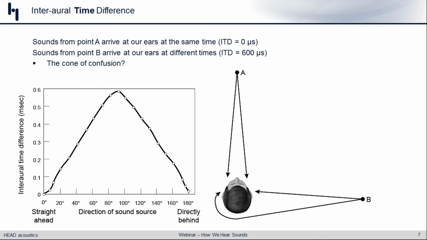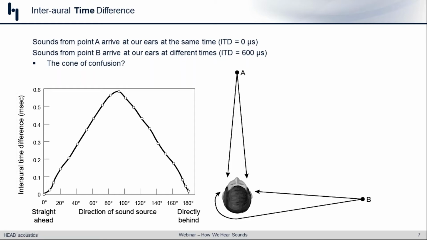Now, if we dive in and start talking about the interaural time difference, the chart on the left will basically tell you in microseconds roughly what the arrival time differences are as you move from point A and then around in a circle to point B and all the way back behind the head to, let's say, point C. So you can see at point A, the arrival time difference should be 0, right?